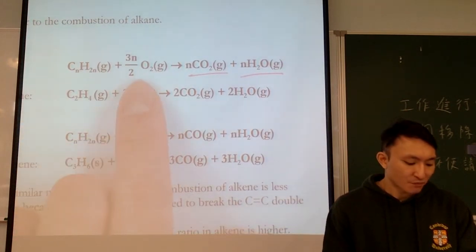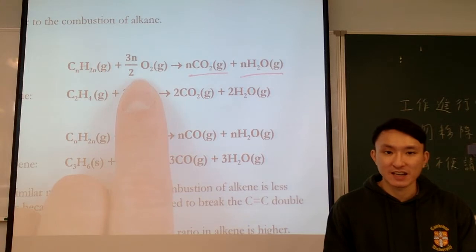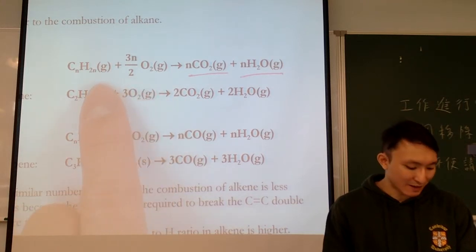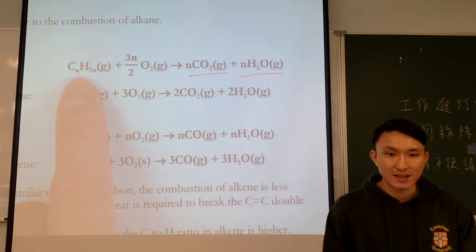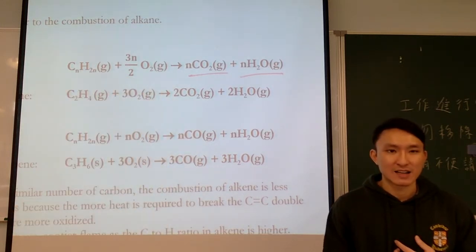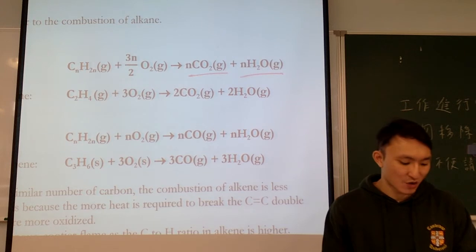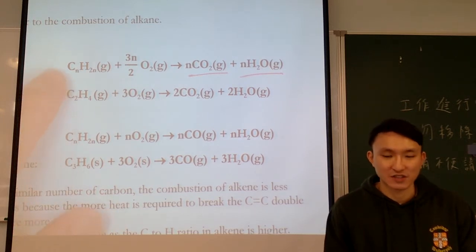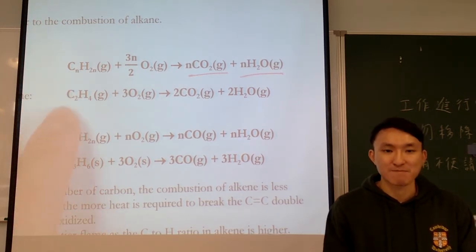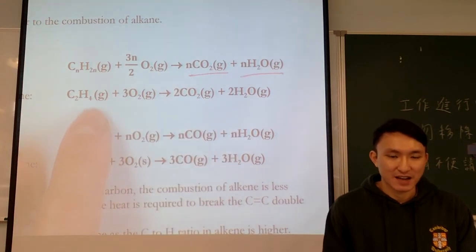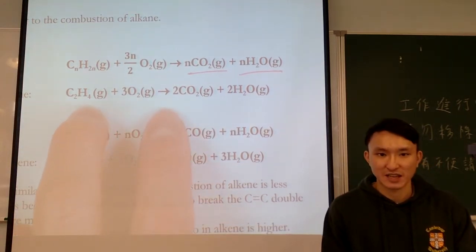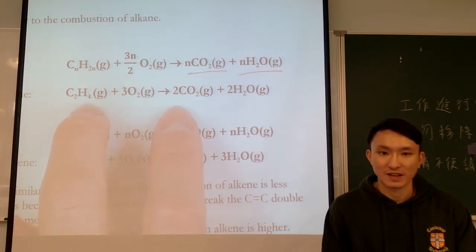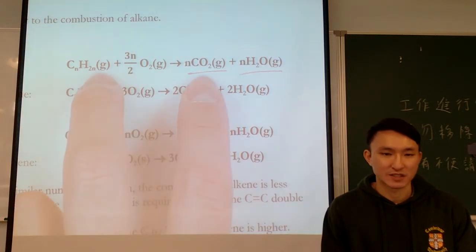For this reaction, some of you may memorize the general formula, but I'm not good at mathematics, so very often I forget this general formula. But still, you can balance this equation easily. Later, I will show you how to balance an equation involving combustion, not necessarily requiring this general equation.